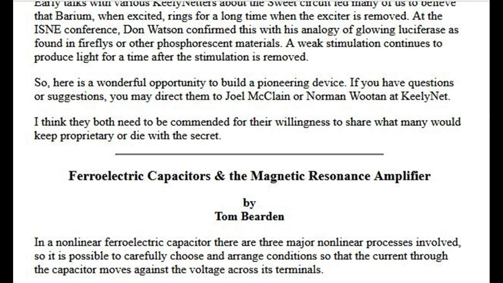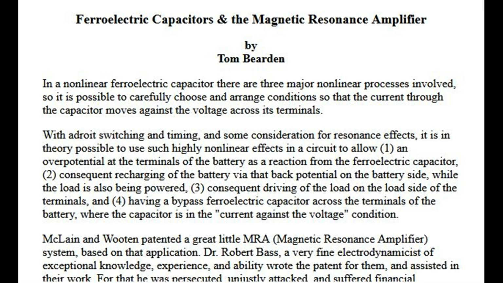Ferroelectric capacitors and the magnetic resonance amplifier, by Tom Bearden. In a nonlinear ferroelectric capacitor there are three major nonlinear processes involved, so it is possible to carefully choose and arrange conditions so that the current through the capacitor moves against the voltage across its terminals.